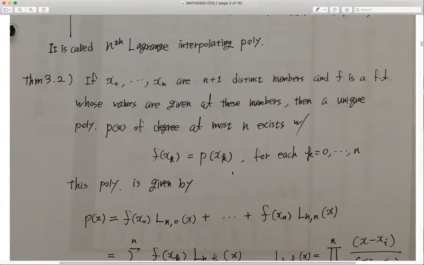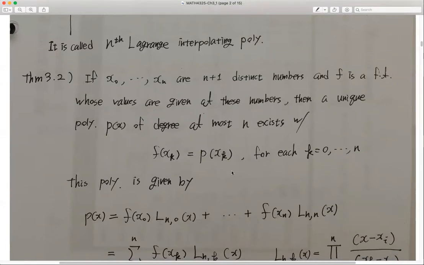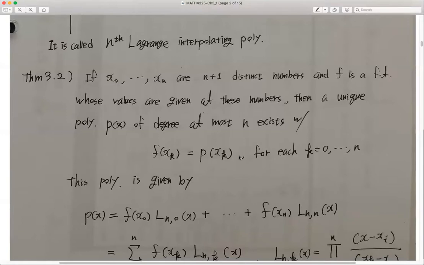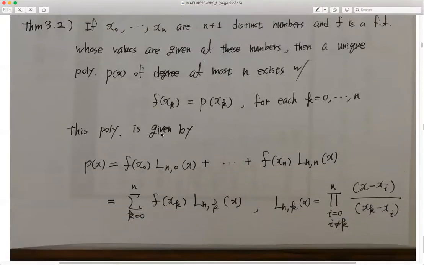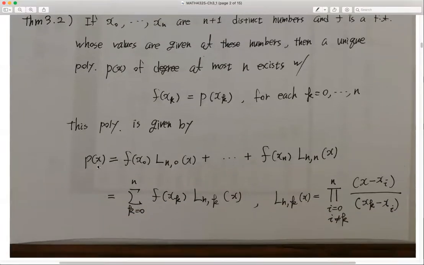This theorem guarantees the uniqueness and existence of the polynomial function that fits the n plus 1 points. We already saw that.